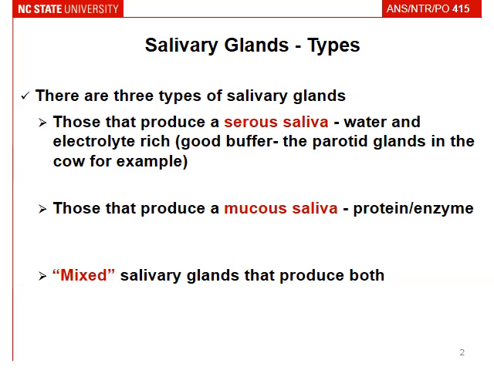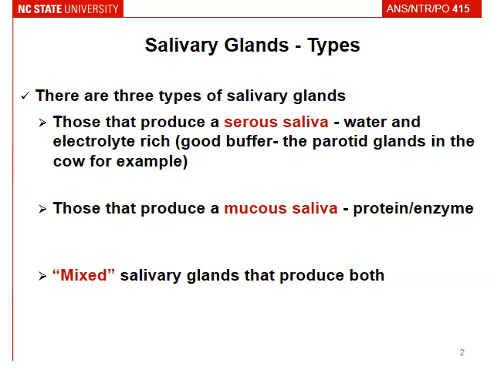the parotid gland. And these parotid salivary glands in cattle and other ruminant species are much more developed than they are in carnivorous animals, for example. The next group is going to be those that produce mucus saliva, and this saliva is very rich in proteins and enzymes.